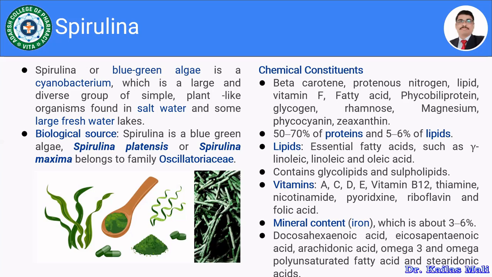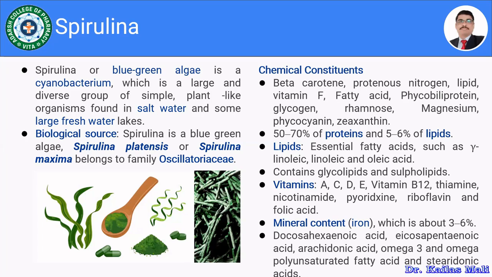Moving towards the mineral content, spirulina is rich in iron, about 3 to 6%, so it could be helpful to manage anemic conditions.